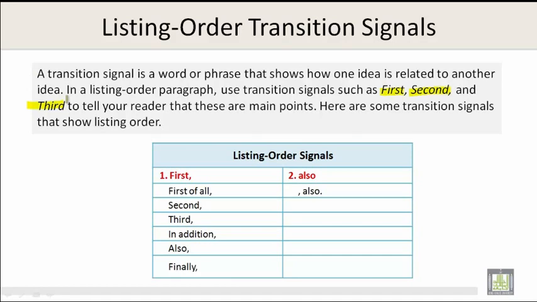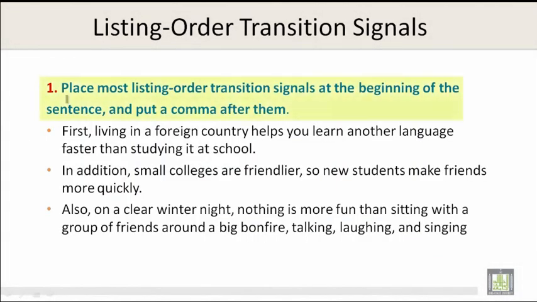Here are some transition signals that show listing order. First, first of all, second, third, in addition, also, and finally. Number 1, place most listing order transition signals at the beginning of the sentence and put a comma after them.